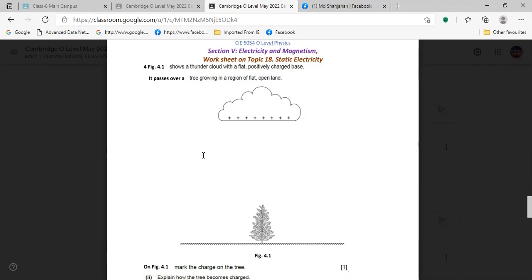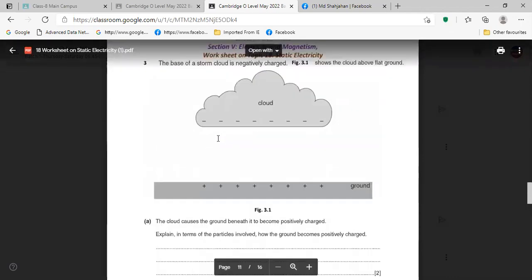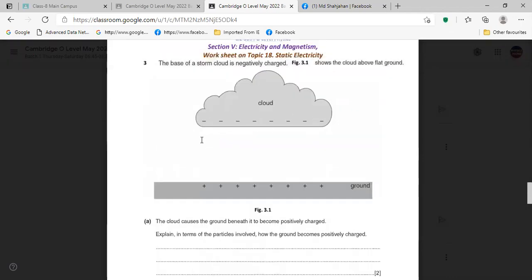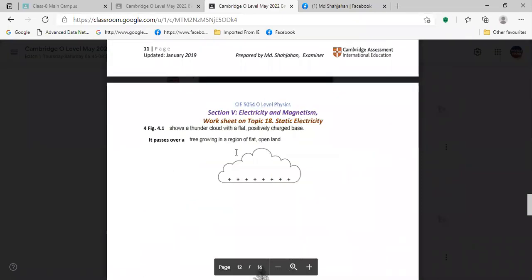It's a very interesting thing here. In the previous one we got negative, and this one we are getting positive. So the lower part of the cloud can be positive or negative.